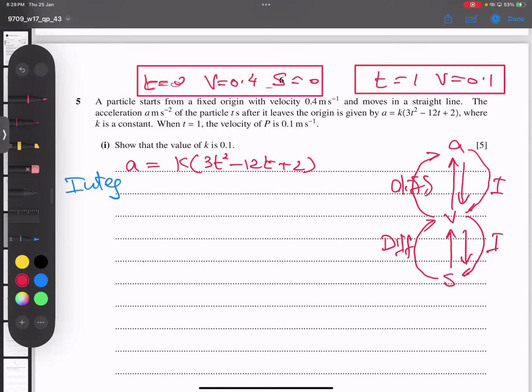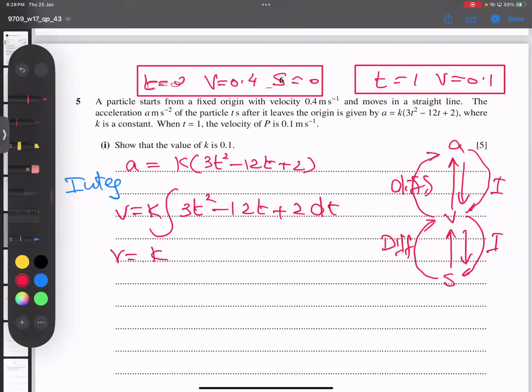When I integrate, I get velocity equal to the integral of k times the bracket. You can bring k outside or keep it inside, no problem, because k is multiplying the whole bracket.